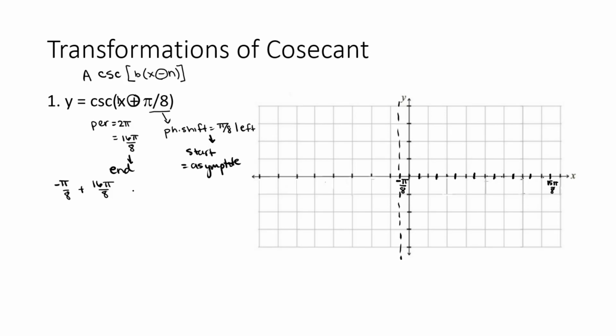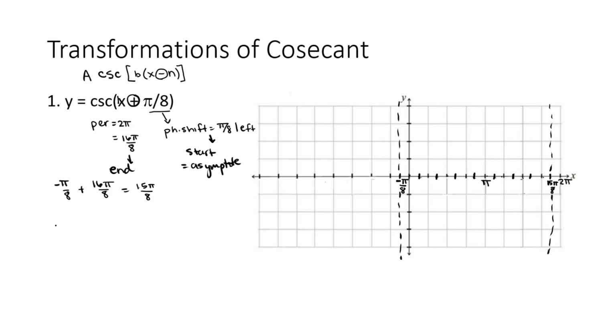Where that actually ends up is 15 eighths. And that will also be an asymptote. So this right here is 2 pi, and this will be pi.